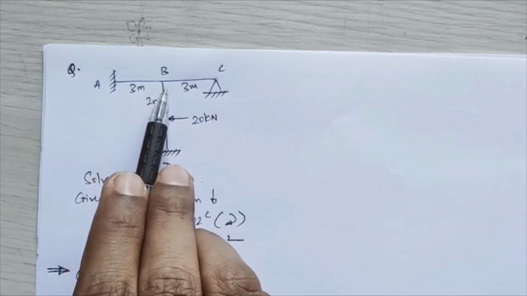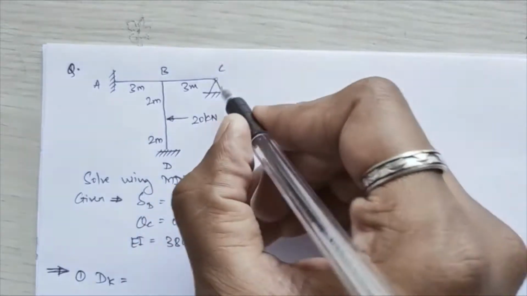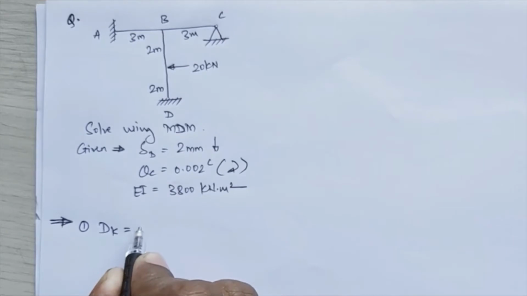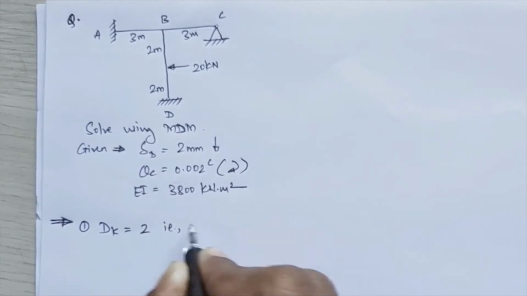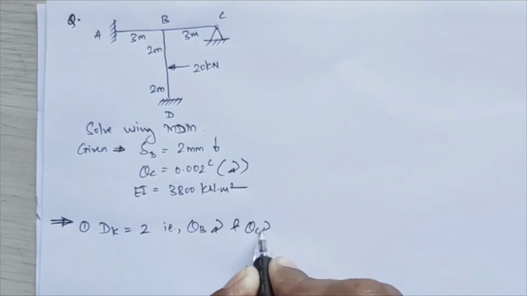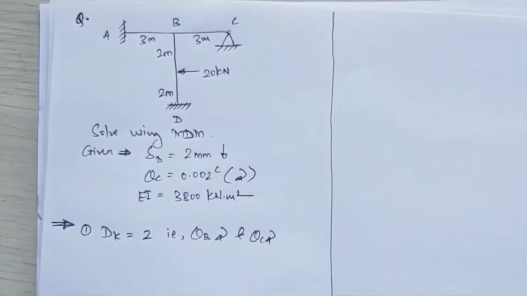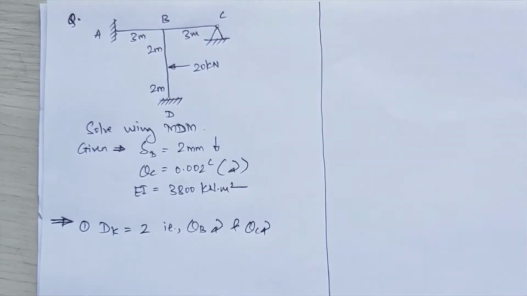So one DKI value will be at B, that is theta B, and one DKI value will be at the hinge support, that will be theta C. So the total DKI value you get is equal to 2, and those are theta B and theta C. Initially I am assuming those rotations in clockwise directions. Now we'll move to the second step, that is, we'll calculate the fixed end moments.